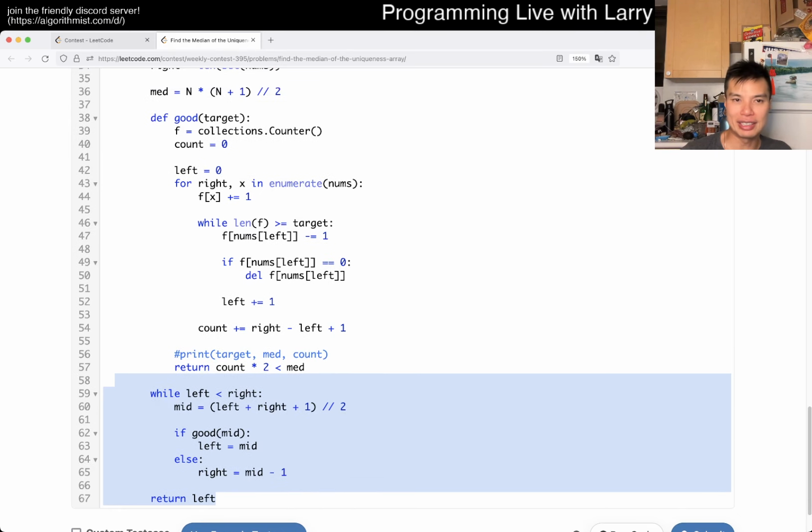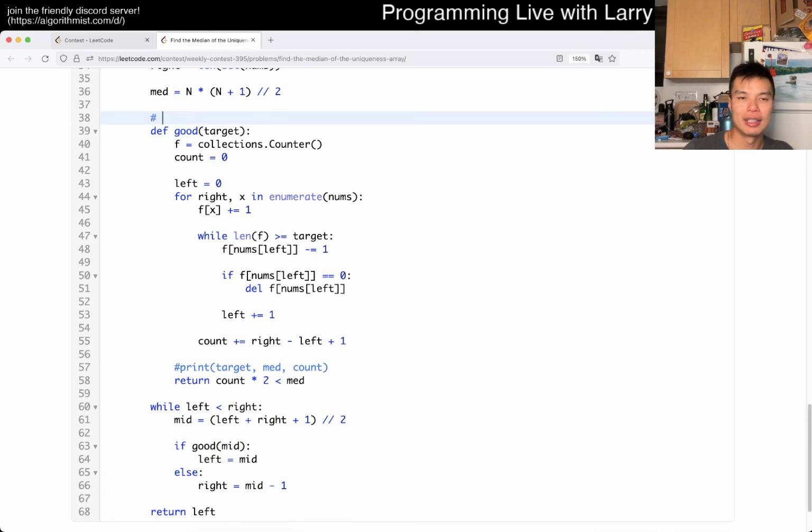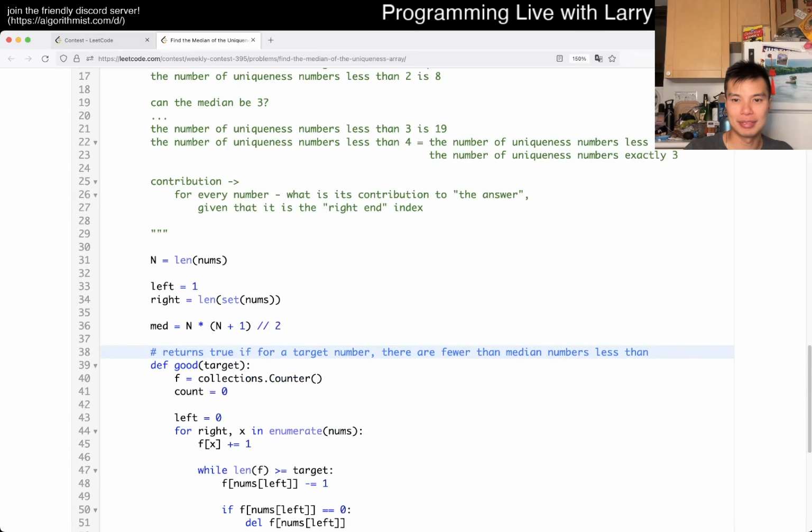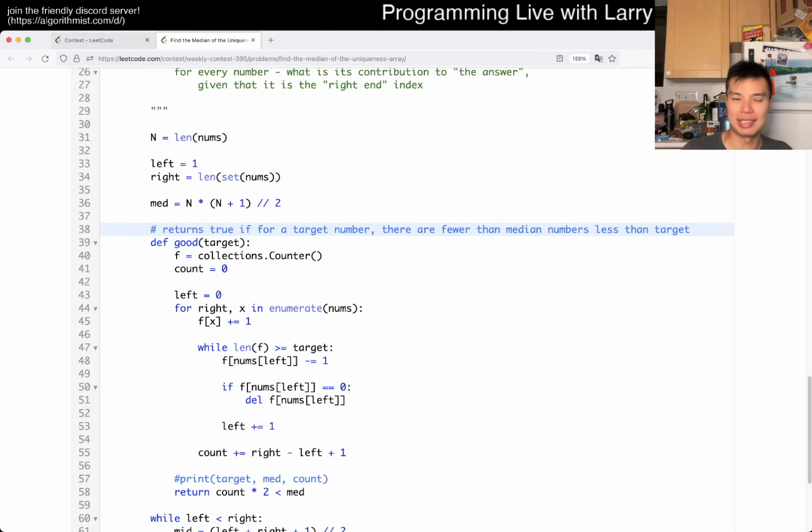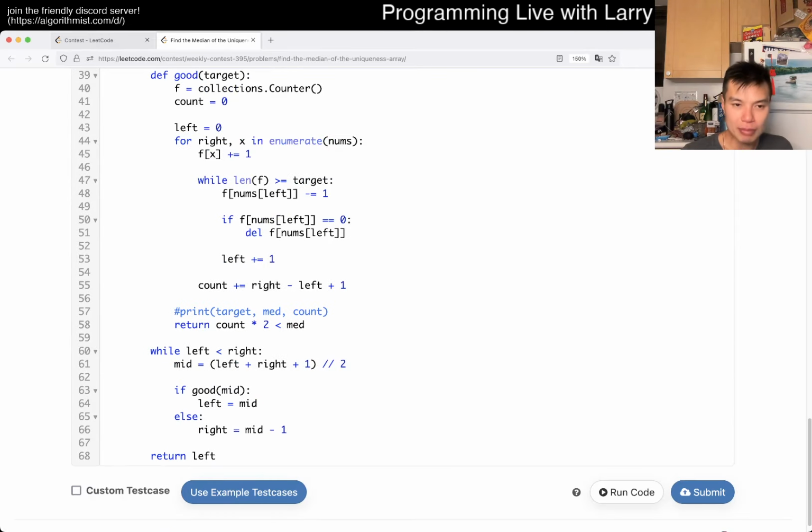But the idea here is that it returns true if, for a target number, there are fewer than median numbers less than target. Yeah, sorry. Right? So this is binary search.